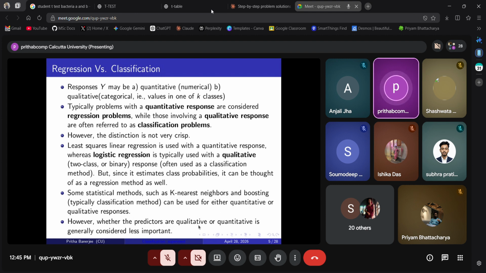However, whether the predictors are qualitative or quantitative is generally considered less important. With all these things, what I'm trying to say is that linear regression, logistic regression, or statistical methods like k-nearest neighbor or boosting algorithms can be used for both purposes: prediction of real values or prediction of k classes, as in a classification problem.